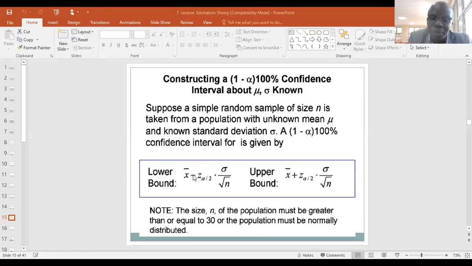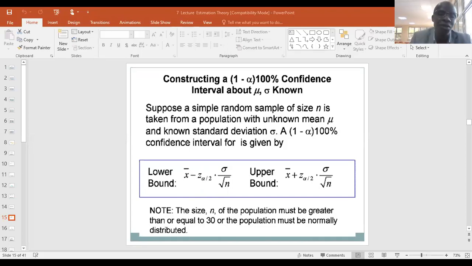The lower bound is x bar minus z alpha over 2 sigma over root n. The upper bound is plus. So that's why it is basically x bar plus or minus z alpha over 2 sigma over root n. That's the only thing you need to remember. There's nothing else. That's what we derived last time.